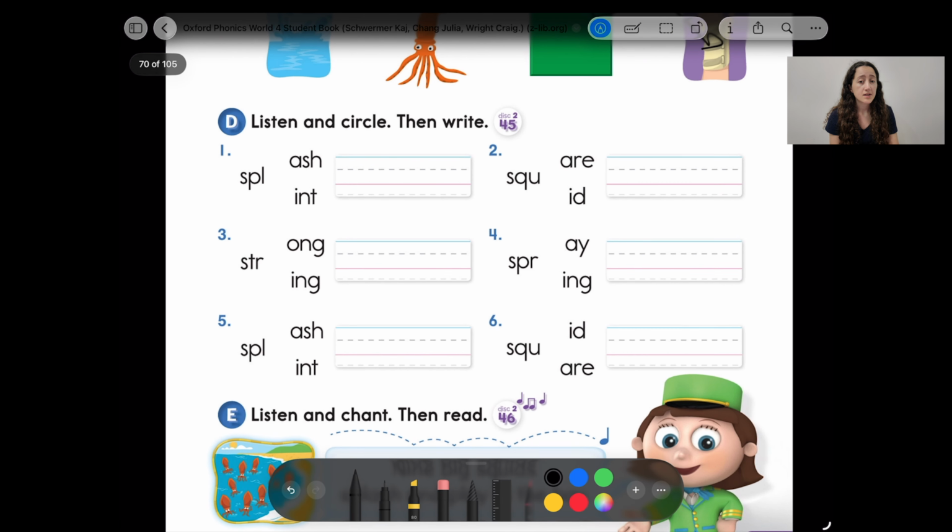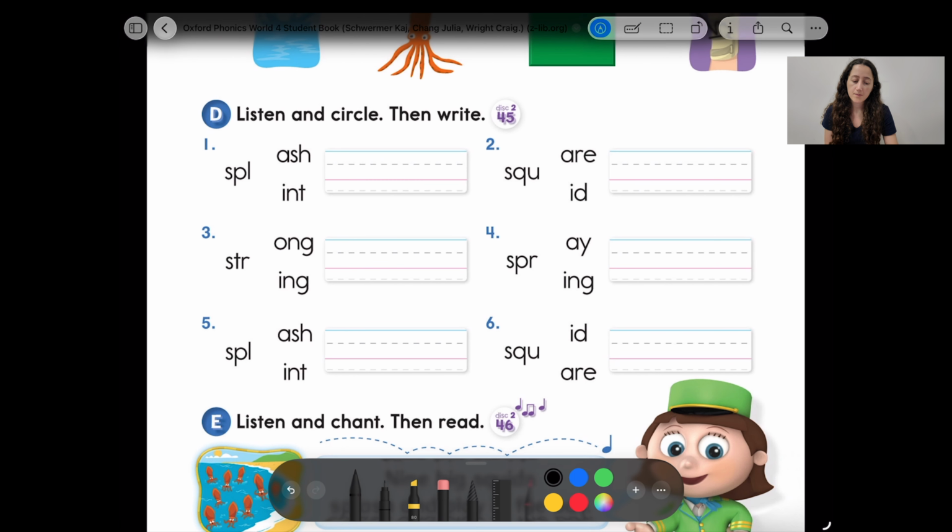Then here I'm going to say a word. Try to think about which option it is, and then I will say it again. So number 1, it's a splash. Number 2, it's a square. This is a square.